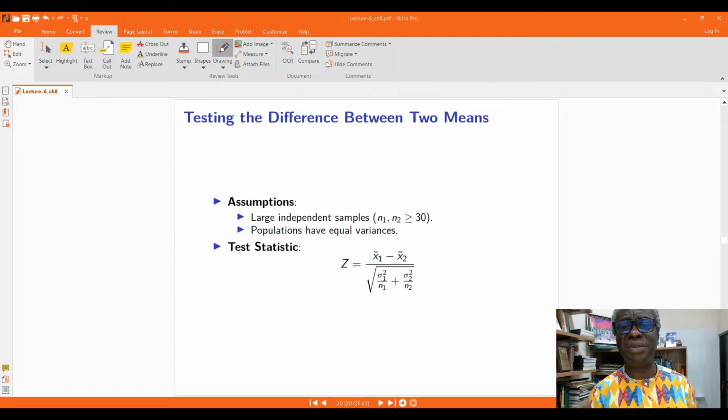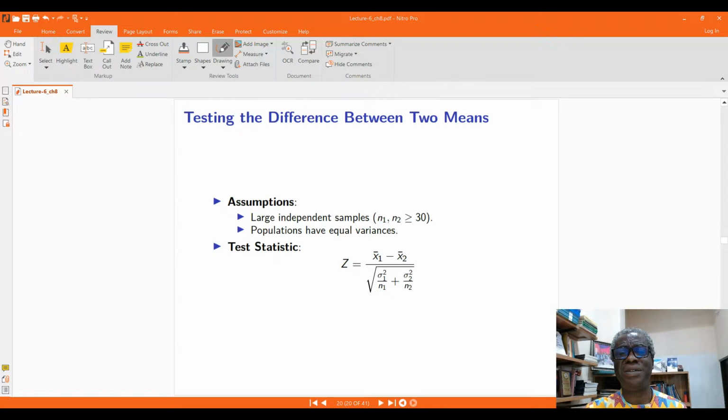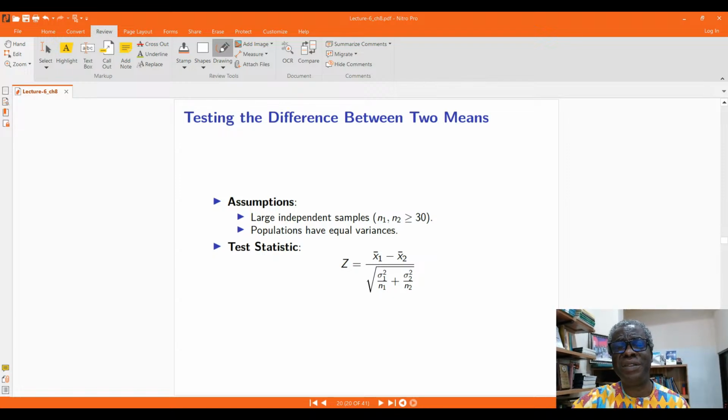So that is when we are testing for a single population, for one population, giving an example involving population mean, giving an example involving population proportion.